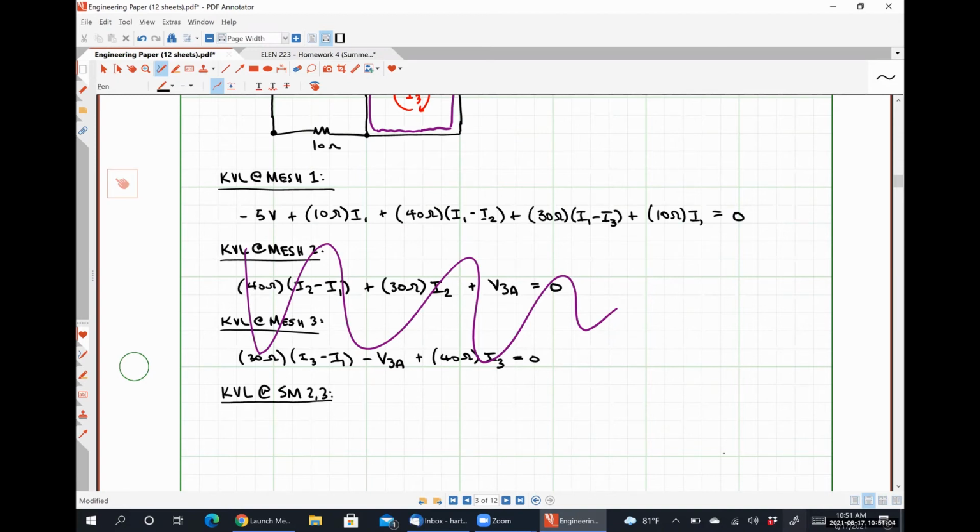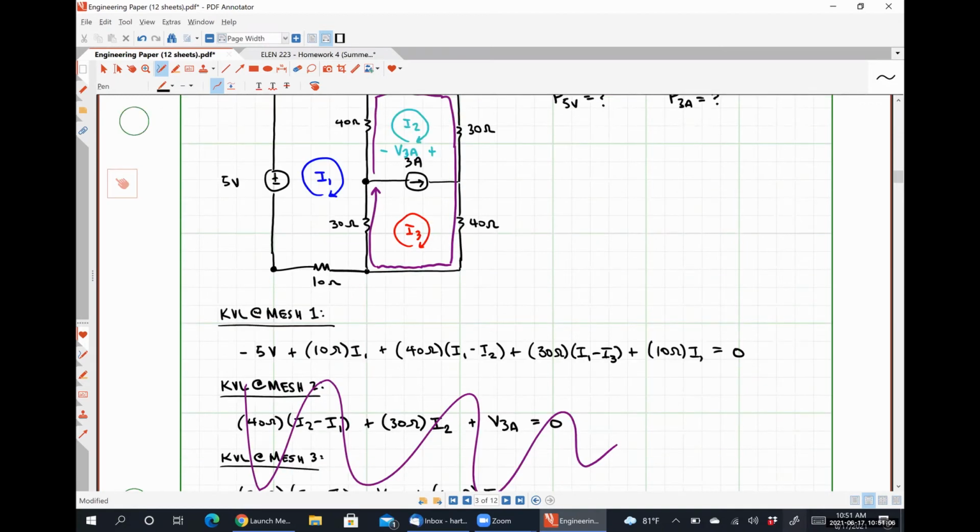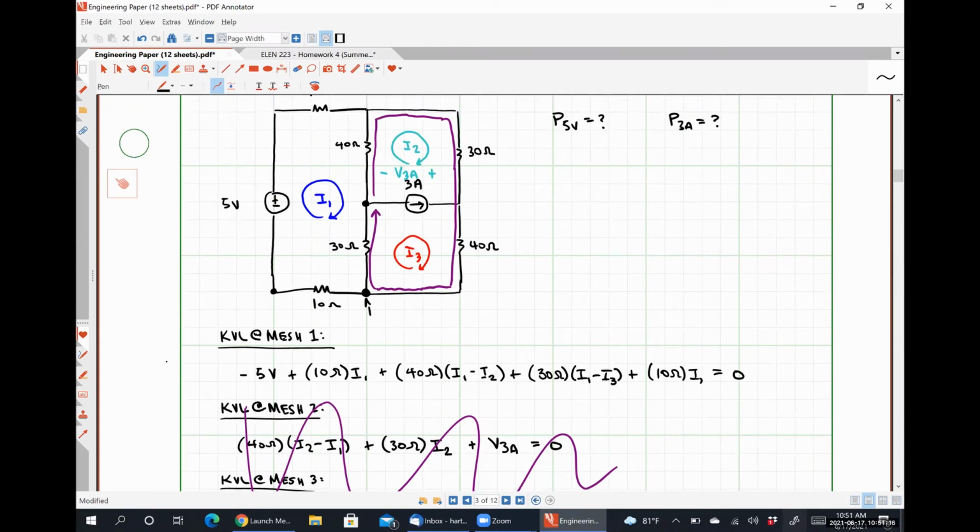So I'd like somebody to tell me what this equation is going to be. Start here and just follow that purple path clockwise around where I've drawn. Tell me what I'm going to have. I have a question. Sure. Since both currents are flowing in the same direction, would you just add them together in this configuration?